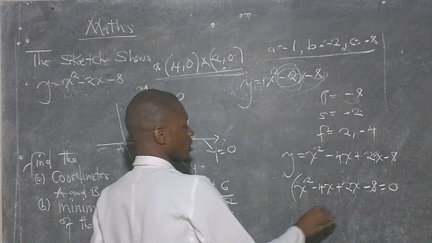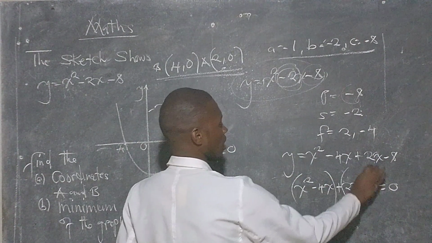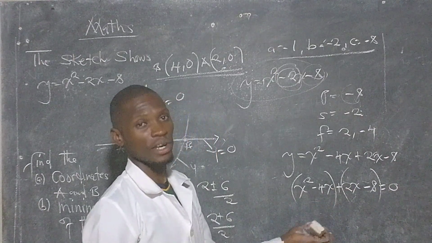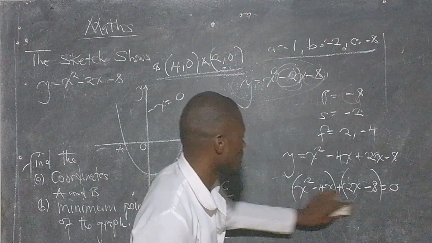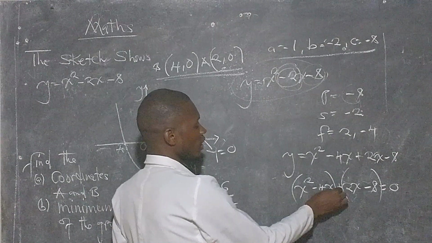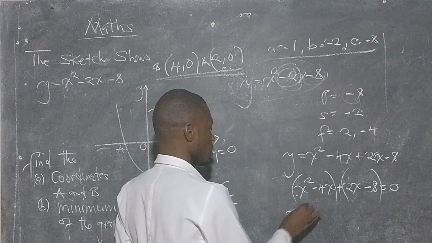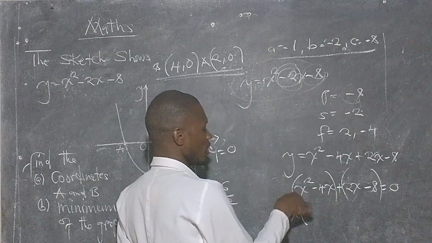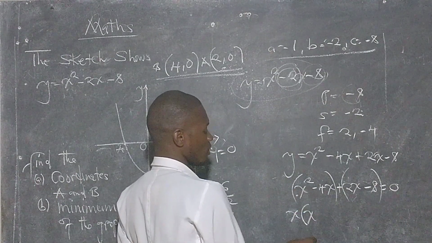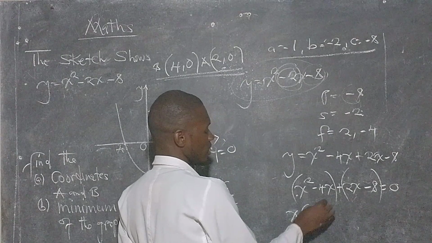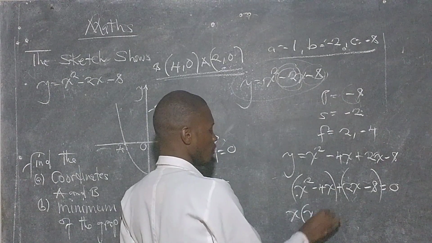Then we can group this, so we can do something like this. Then we do factorization. So for factorization, we need to find what is common here. Of course, x is common, then if we remove x, we remain with x minus 4 here.